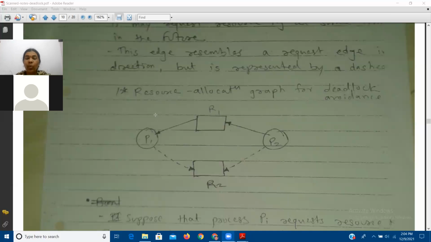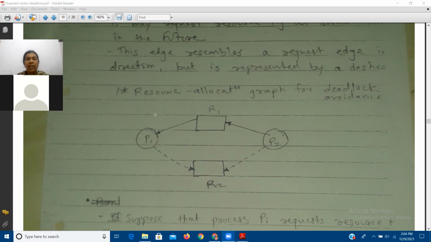Again, process P2 to R2 is also a claim edge. What does it indicate? In future, process P1 may request resource R2. Also, in future, process P2 may request R2. So these are the two claim edges in this graph.